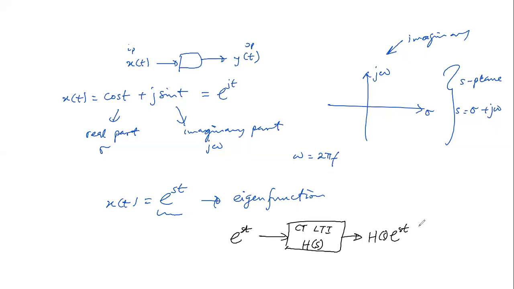Is this clear? I'd love to get your feedback. Yes, sir. We're getting it, sir. No, sir. Okay. Yes, that's fine. The person that said no, please tell me where you don't get it so that I could explain again.